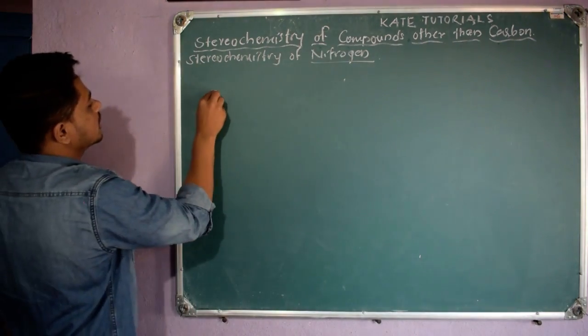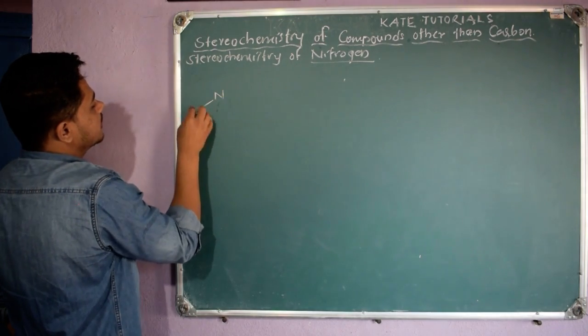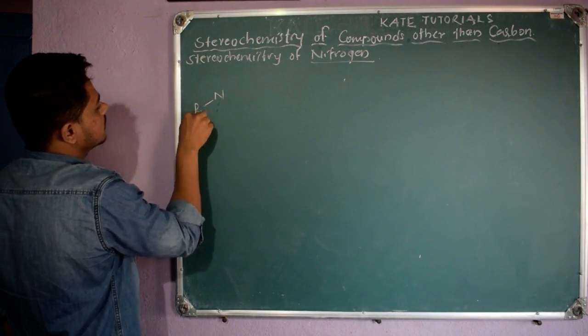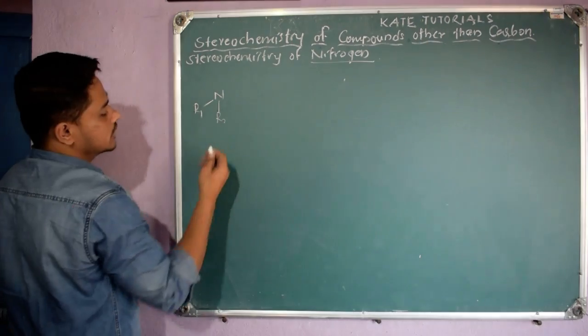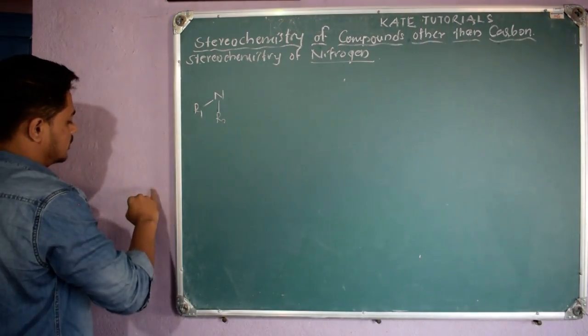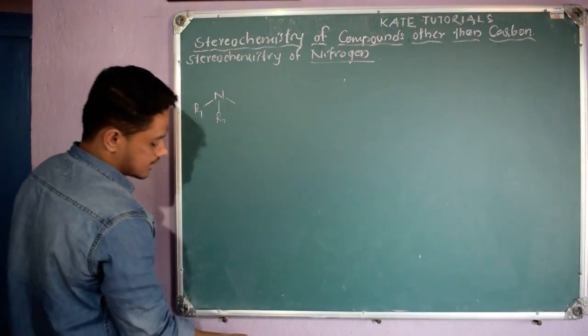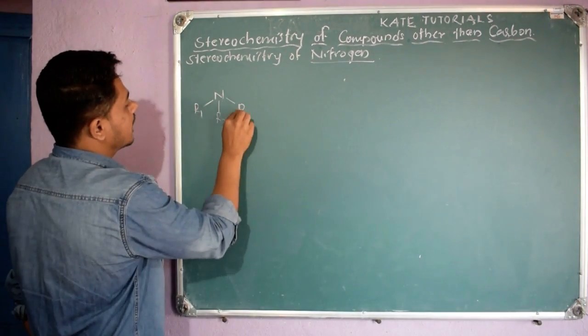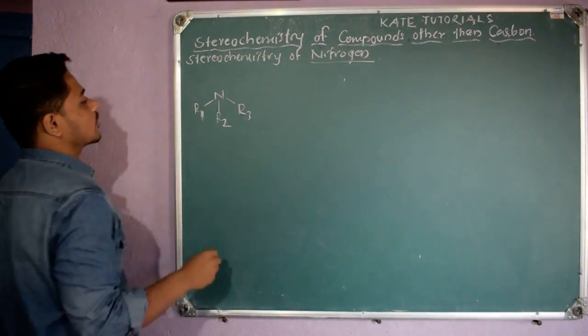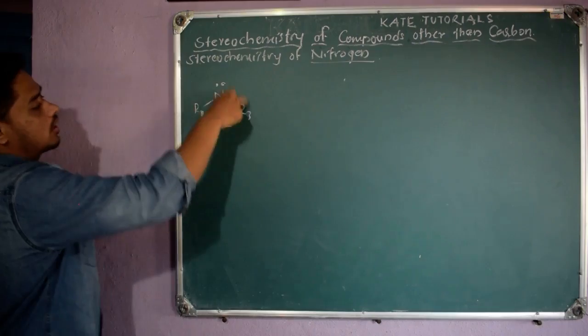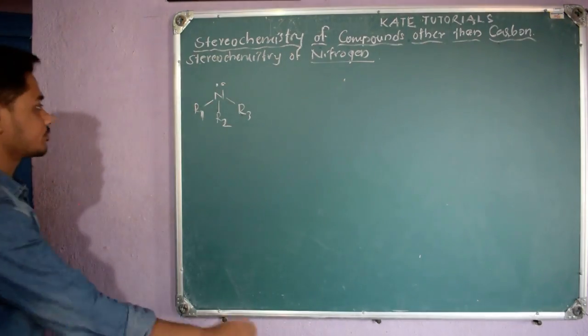With respect to nitrogen, let me take R1, R2 and R3, and here I have a lone pair. So all different atoms are attached to nitrogen.